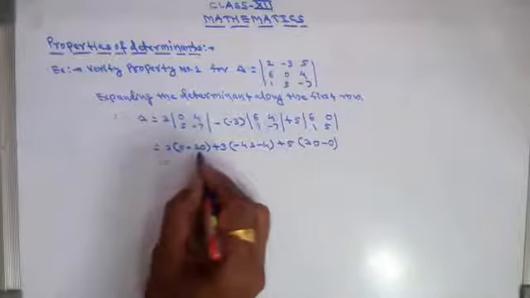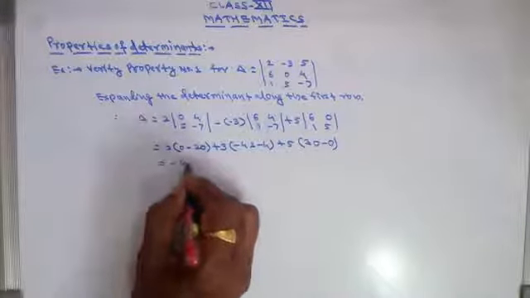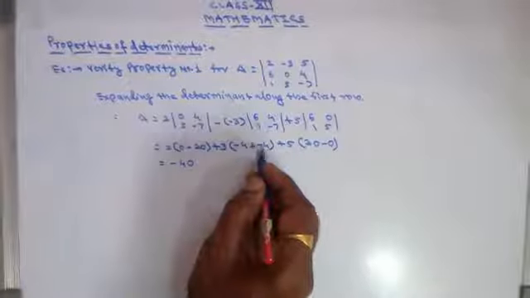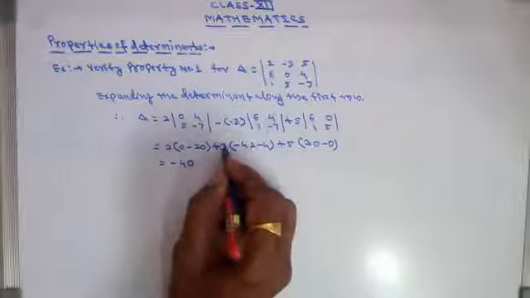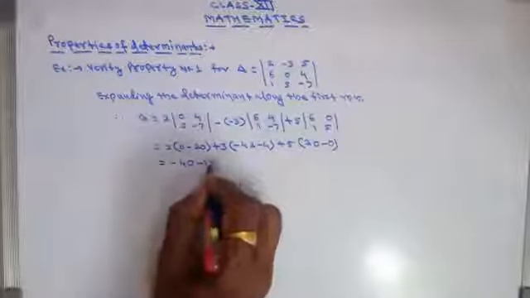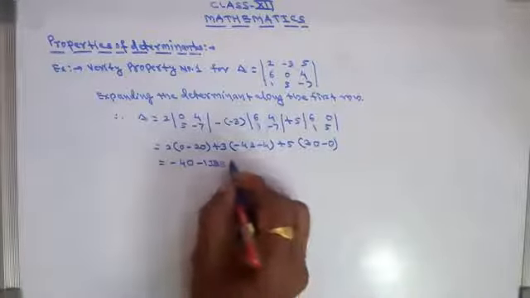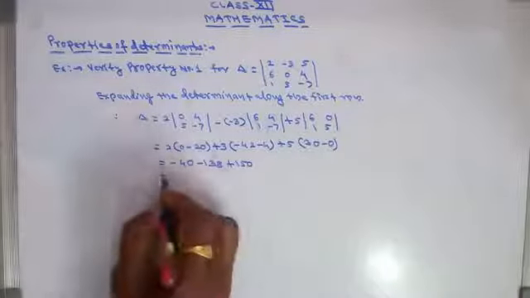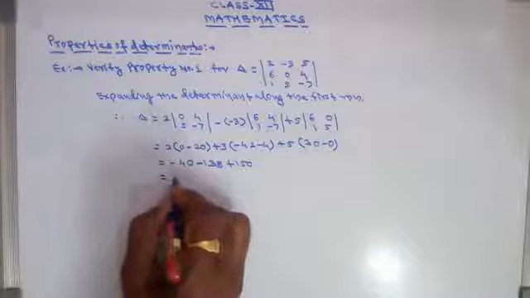So this is equal to minus 20 into 2, minus 40. This is minus 42 minus 4, minus 46 into 3, minus 138, plus 30 into 5, that is 150. So this is equal to minus 28.